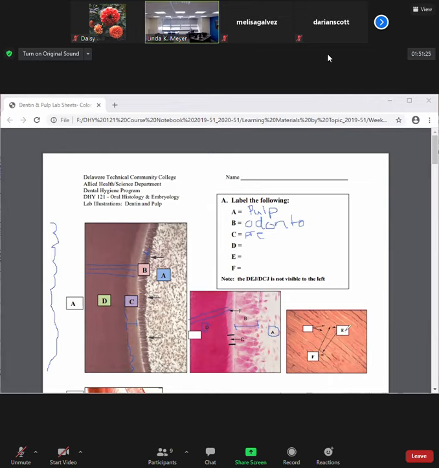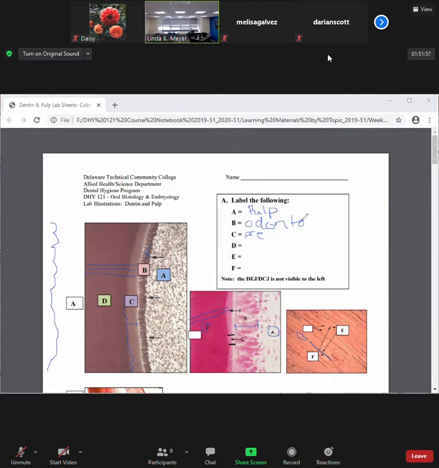And what I'm having you see with the letter E is the little purple thread. That's the process in there. So it really takes a high magnification in a decalcified section to be able to see the cell process in the tubule. Okay, so this white channel is the tubule, and where the purple thread is, that's the odontoblastic process that you can see at a higher magnification.